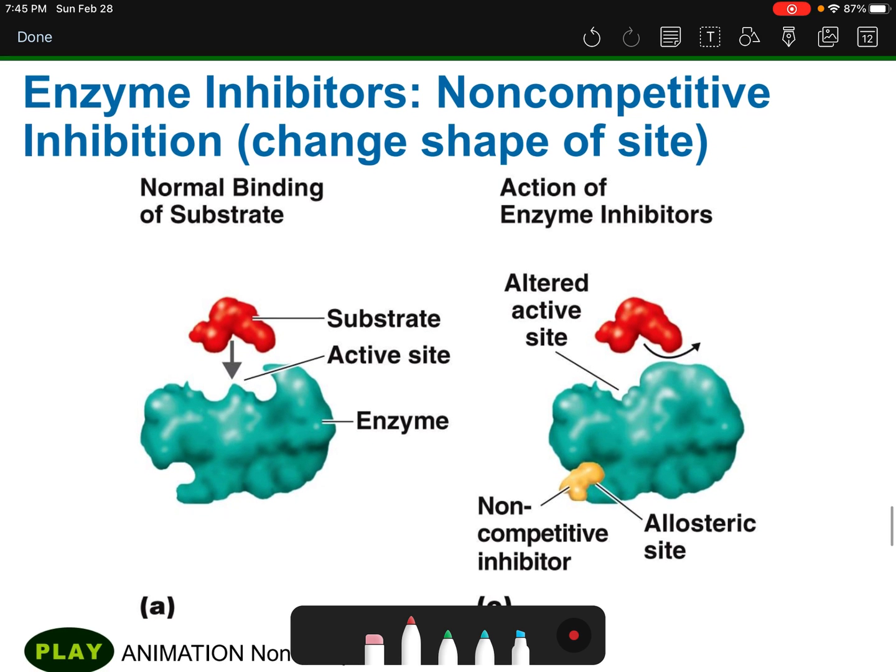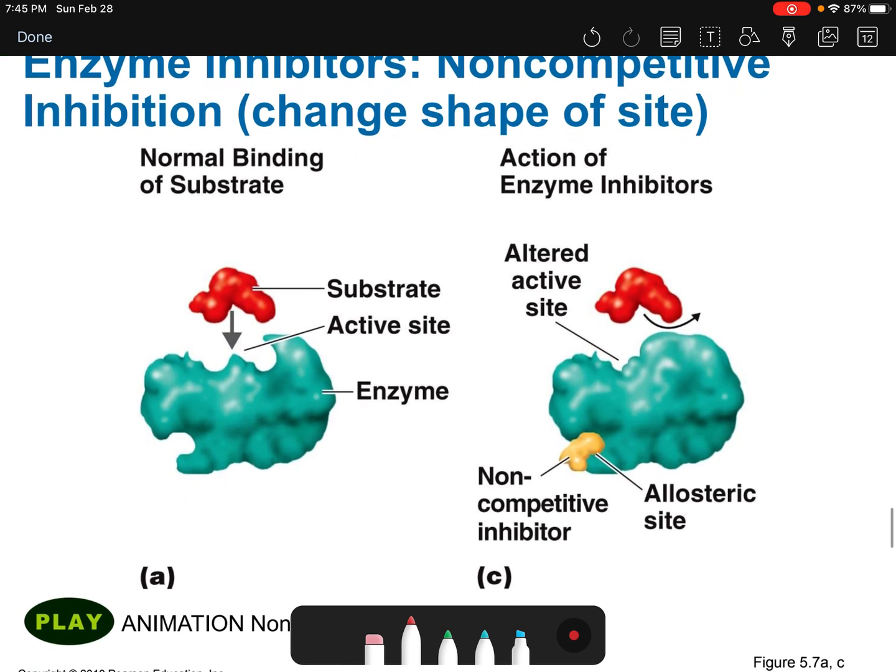Non-competitive inhibition is when we have this area right here called the allosteric site. You can see it where it's labeled. This non-competitive inhibitor hooks on there. Nothing happens up here, nothing hooks on here, but notice what happens to the shape.